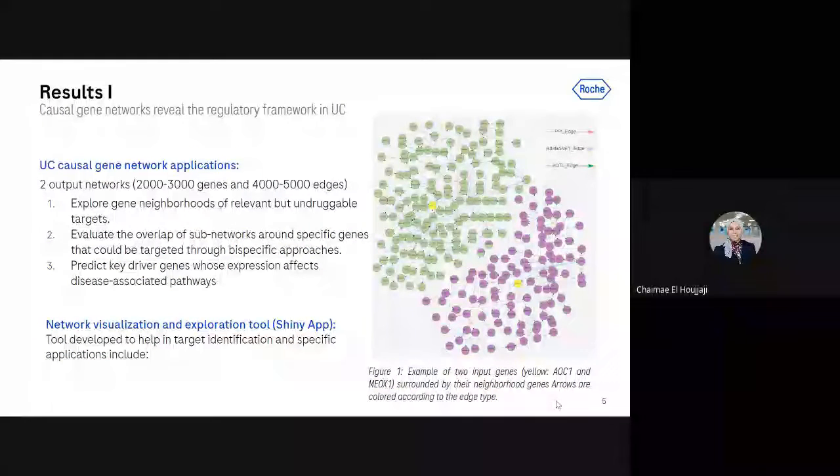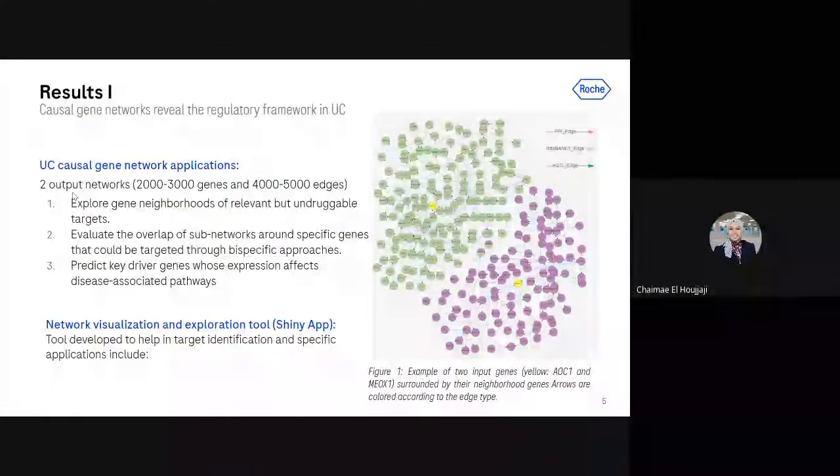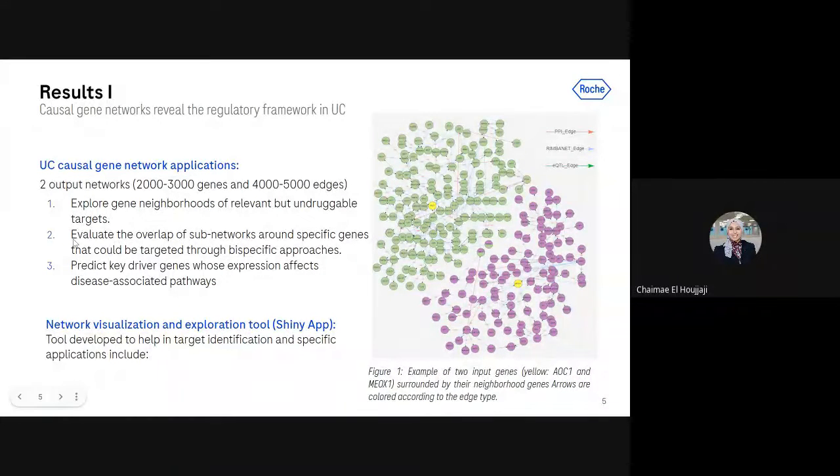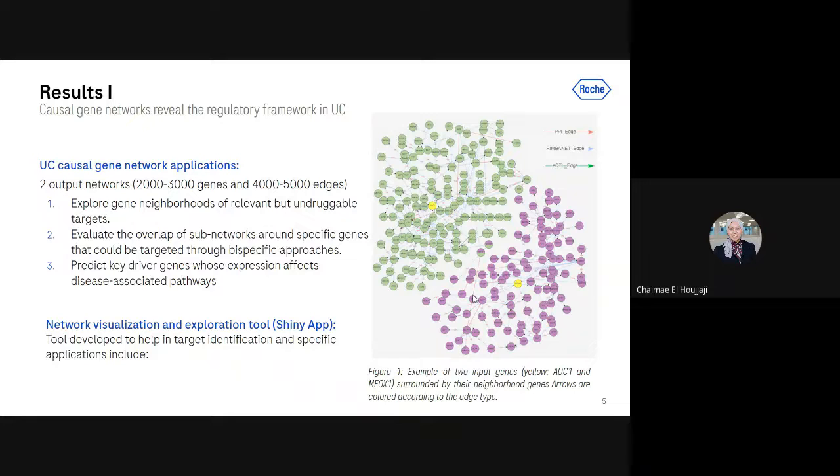So this causal gene network can be used for multiple applications. For example, we can use it for exploring the gene neighborhood of relevant but undruggable targets. We can also use it for evaluating the overlap of subnetworks around specific genes that could be targeted through bispecific approaches. So in the figure that you can see on the right, we gave the example of two input genes in yellow.